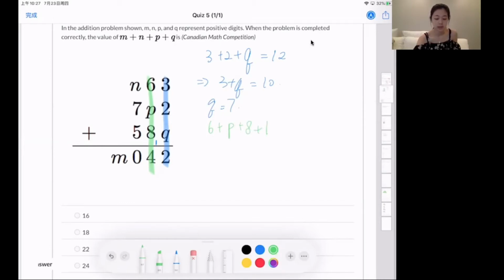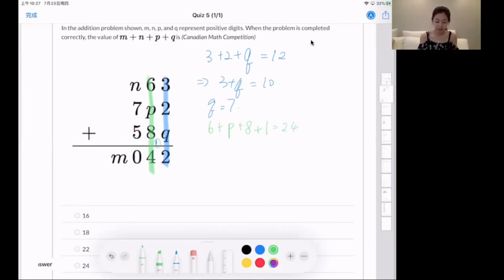If it's 14, it's impossible, right? Because we carry a 1 here, and 6 plus 8 plus 1 is not 14. So it's at least 24, right?